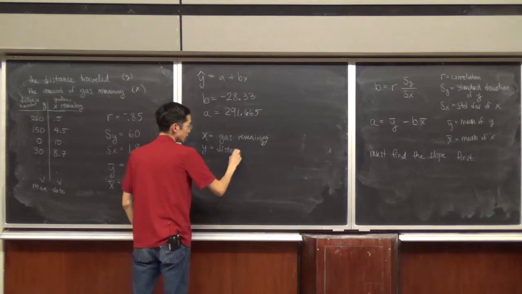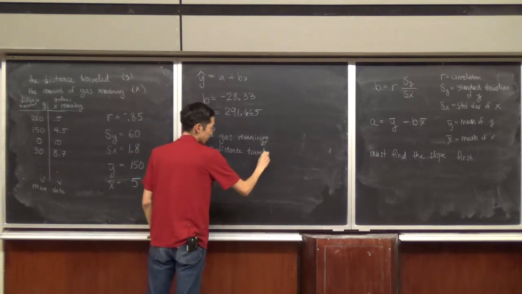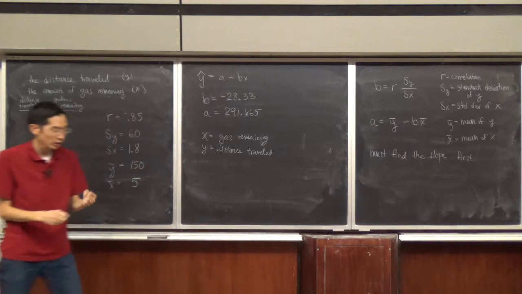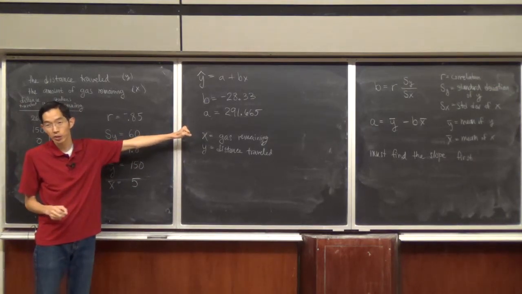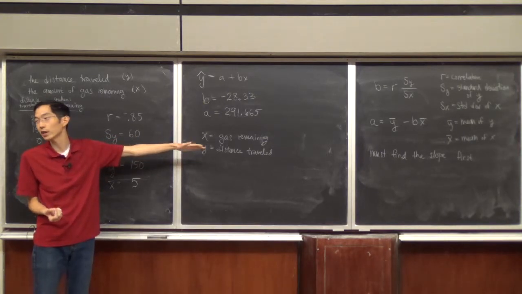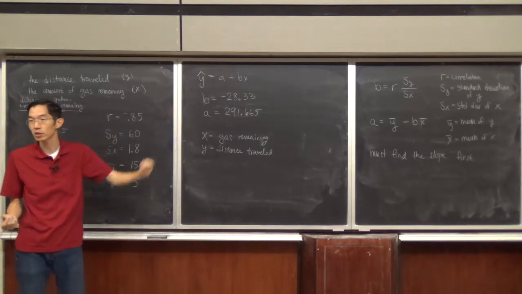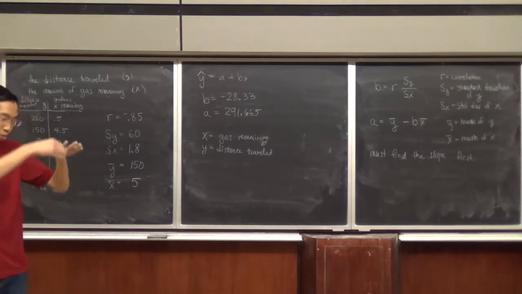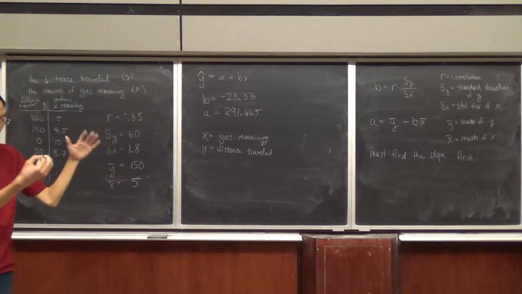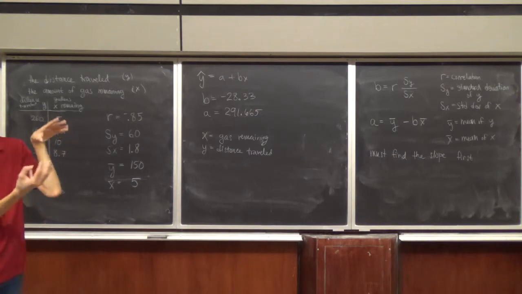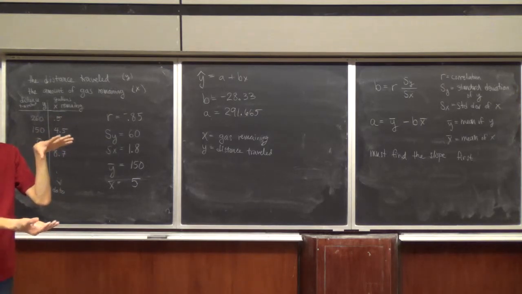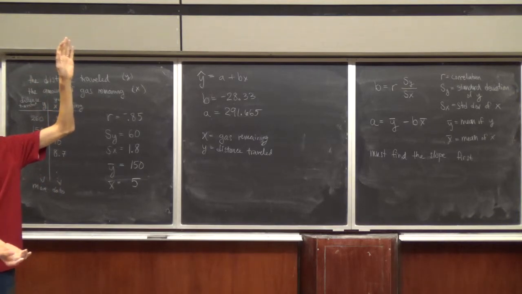So we are trying to predict, and I know this is a little bit different from what I was saying, by looking at the gas remaining, how far someone traveled that weekend. Does that concept make sense? So we're looking at the tank, we say how much gas is left in the tank. Based on how much gas is left in the tank, we're trying to make a prediction for how many miles the person traveled.